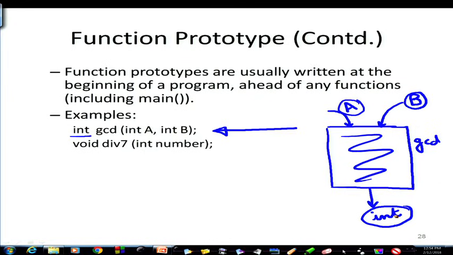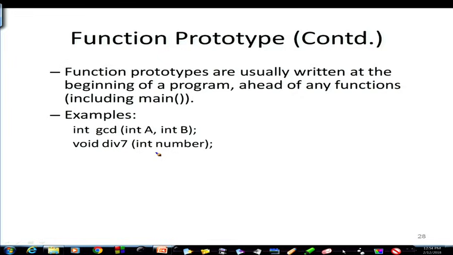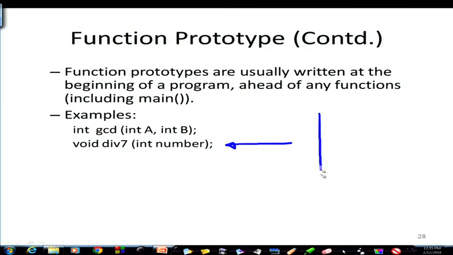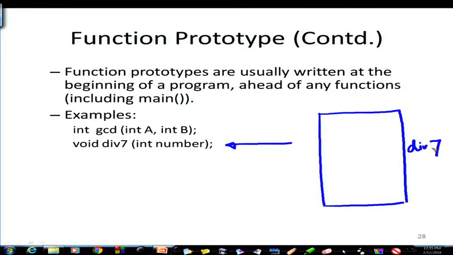Similarly, let us look at the second one, void div7 int number. The prototype tells that it is a function, its name is div7, you can guess div7 means testing the divisibility by 7, and there is one integer being fed whose name is number, and void is a type, that means it is not returning anything.